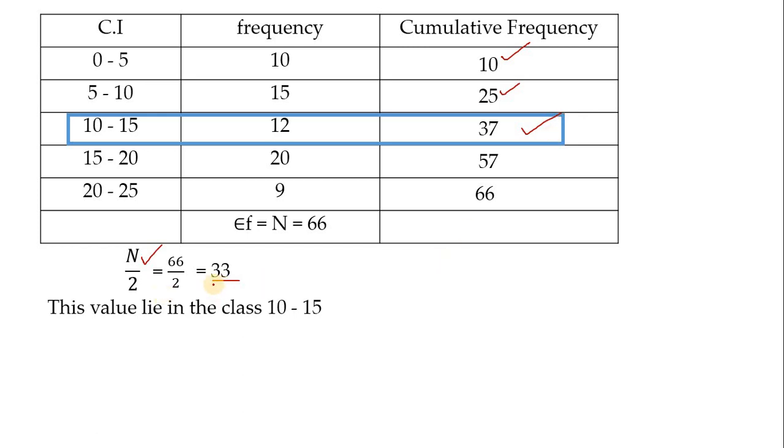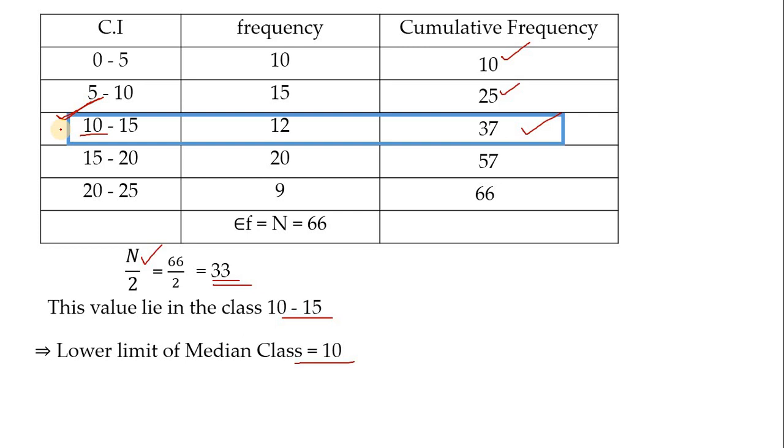We have got 33, and 33 belongs to this group, this class interval. Now in this class interval we have to identify the lower class limit. The lower class limit is 10 here. So the lower limit of the median class is 10. What I have marked with the blue line is called the median class.